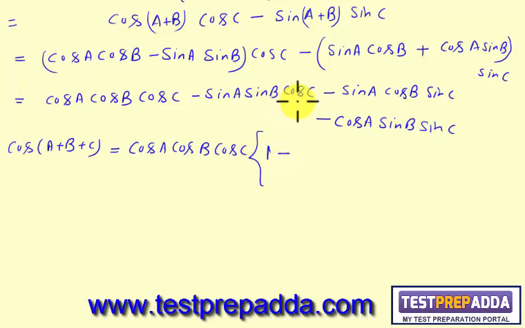Cos C is there, but cos A cos B is not there, so I have to divide cos A cos B here. So it becomes tan A tan B.